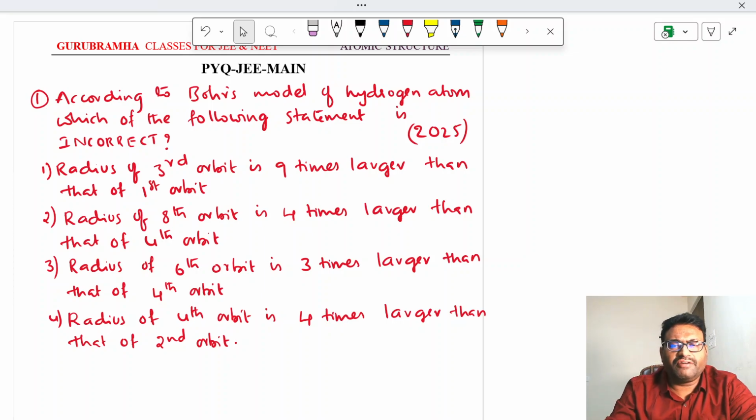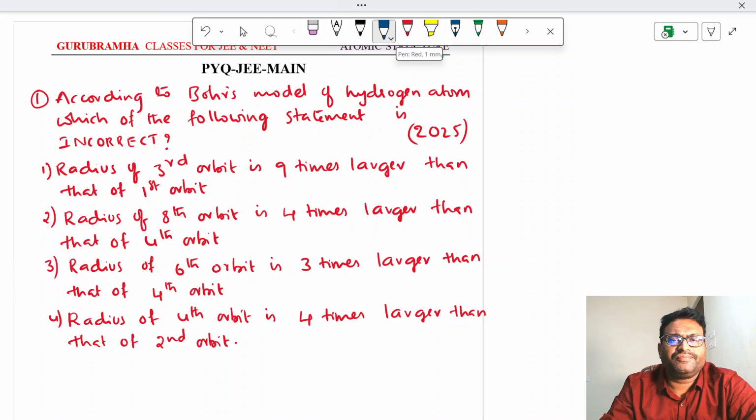So already we have derived a formula. We have a formula to calculate the radius of the nth stationary state.